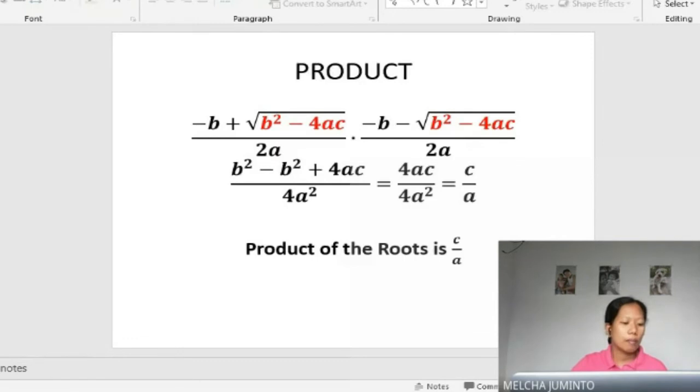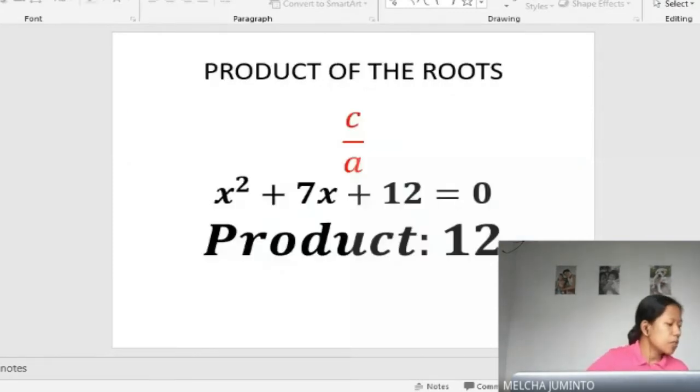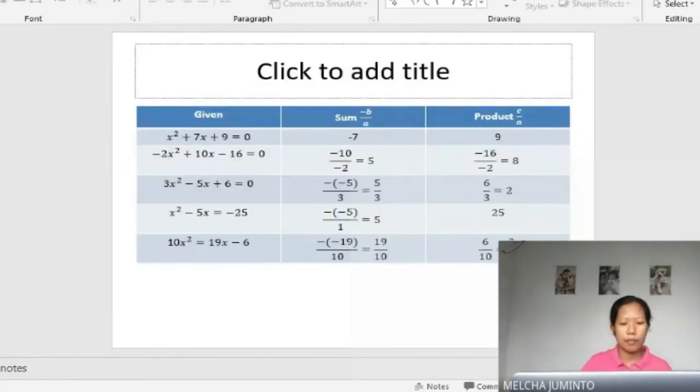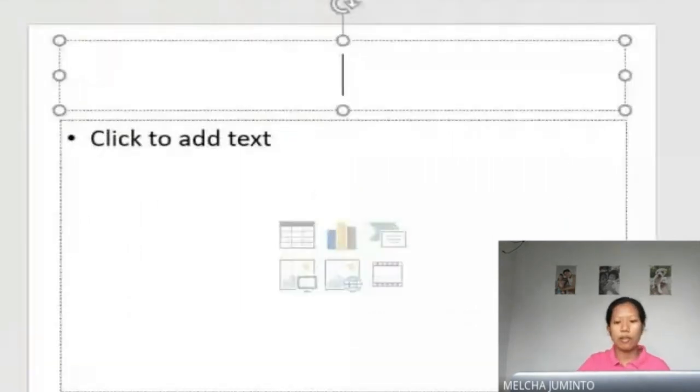Now let us try how this will be used in a particular situation. Let's say, for example, the activity to be answered and submitted on Friday is activity 5 on page 71.